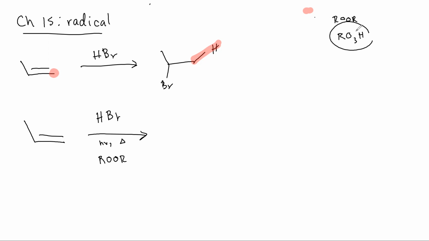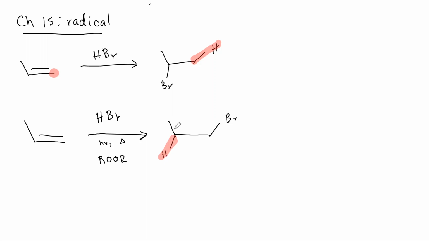The peroxy acid does epoxidation. The peroxide does the radical reaction. Okay. All right. So if we see HBr along with one of these other reagents, what will happen is that hydrogen will then add to the more substituted carbon rather than the less substituted carbon, and we add anti-Markovnikov, okay?